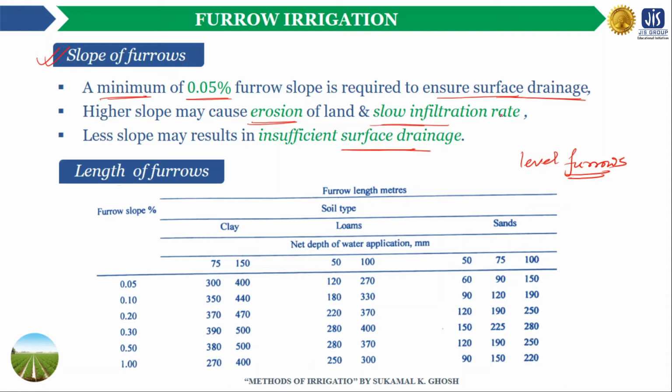Okay? So, in level furrows, the water is ponded until it is absorbed by the soil.